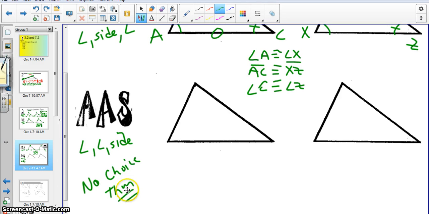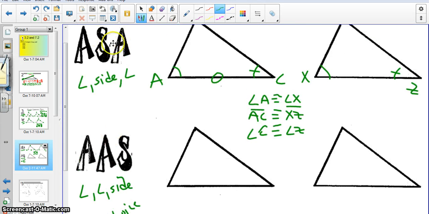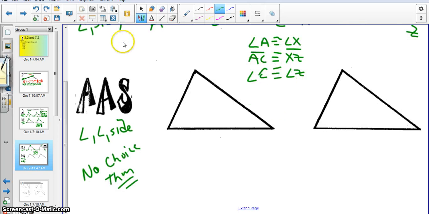By this theorem, we can also prove that triangles are congruent by angle, angle, side. We will discuss this theorem in more detail in class the next day, but again, this is directly related to angle, side, angle. Using the no choice theorem, we now can also use the postulate angle, angle, side to show that a pair of triangles are congruent.